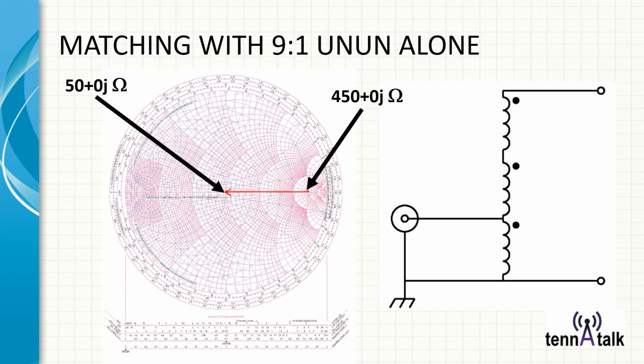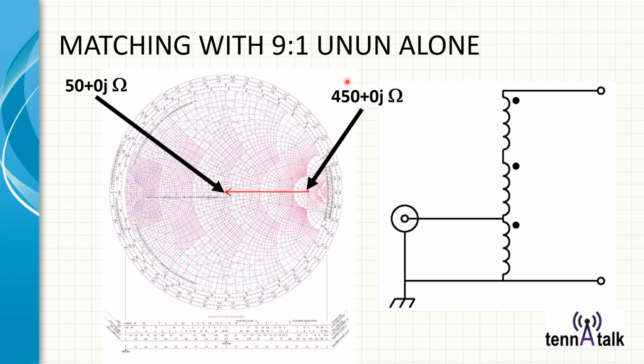case. Let's start with using a 9-to-1 UNUN alone. No tuner, no LC circuits per se, just an UNUN, which is an auto transformer. And let's say we are at the 22 to 25% from the end feed point on a dipole for an off-center fed dipole.